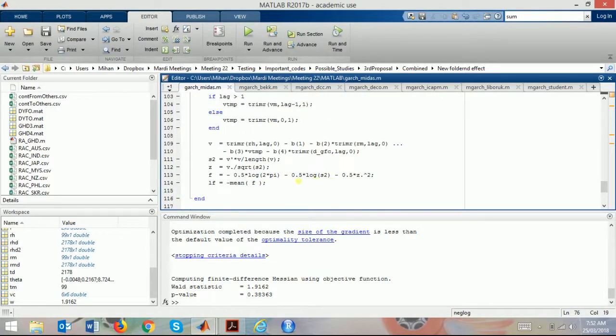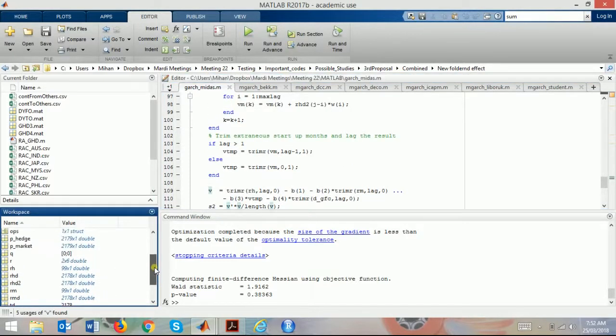So we never wanted to find V. The value of V is our realized volatility.